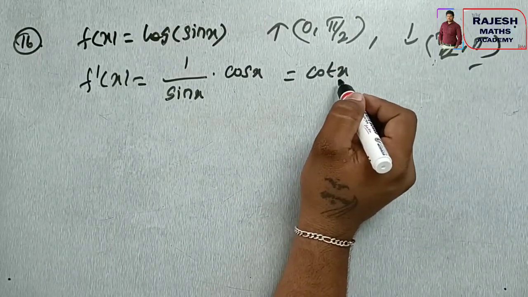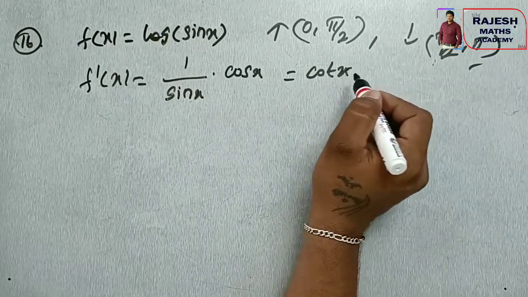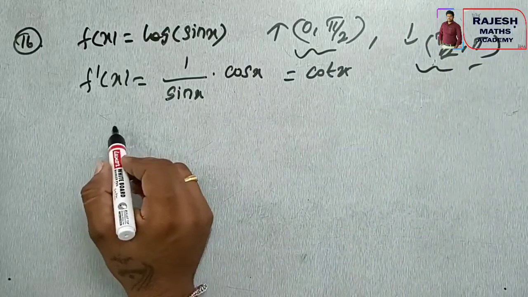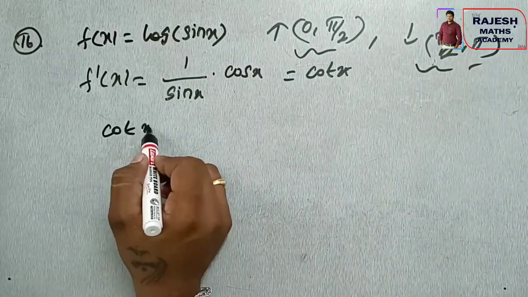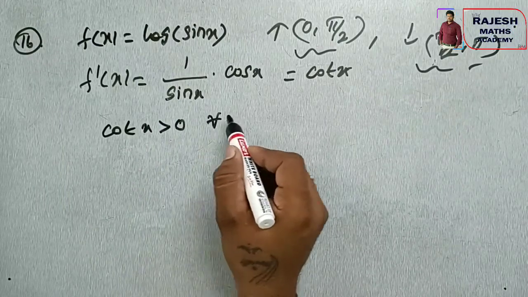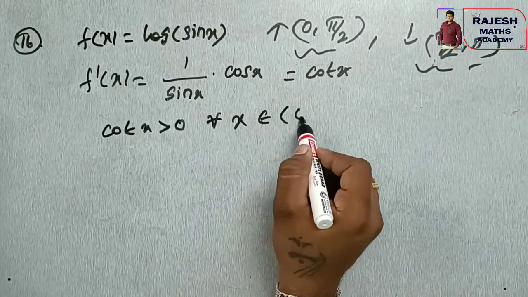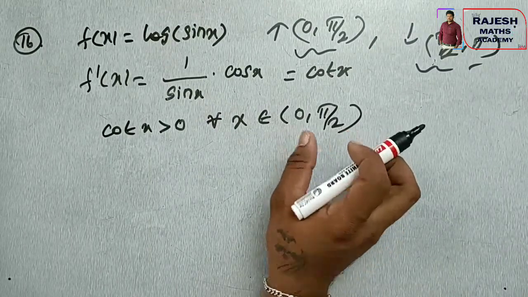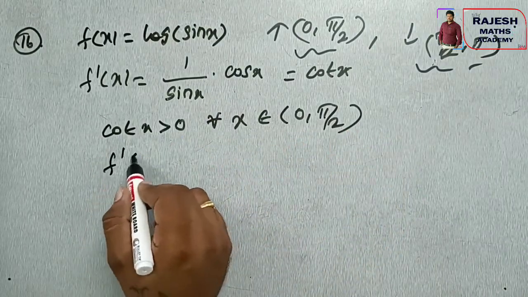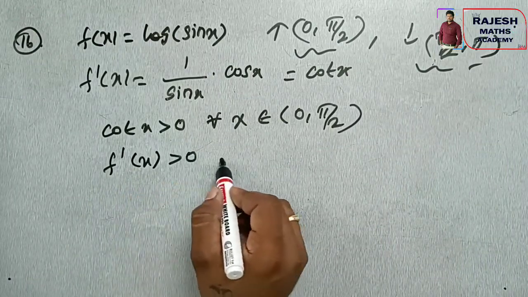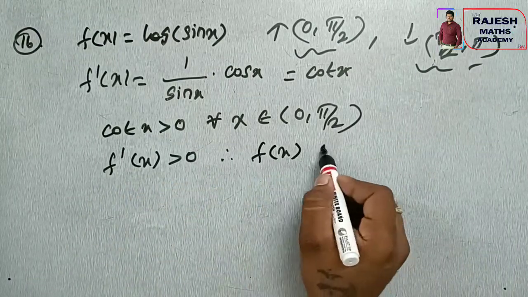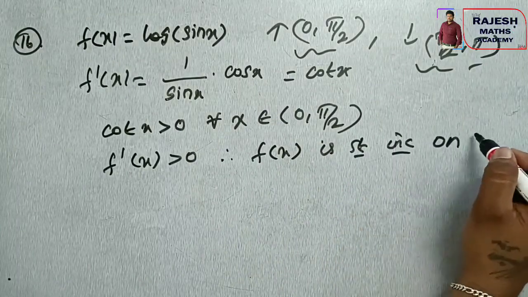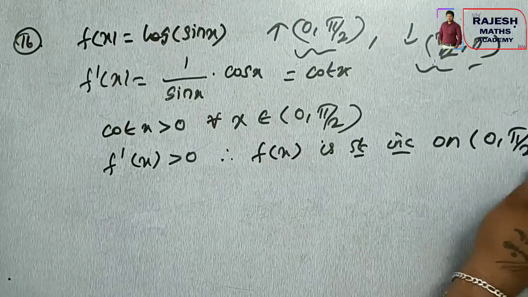We are given only two intervals, so we can write that cot x is greater than 0 for all x belonging to the open interval 0 to pi by 2. It is the first quadrant, where cot is positive. So f dash of x is greater than 0. Therefore f of x is strictly increasing on the interval 0 to pi by 2.